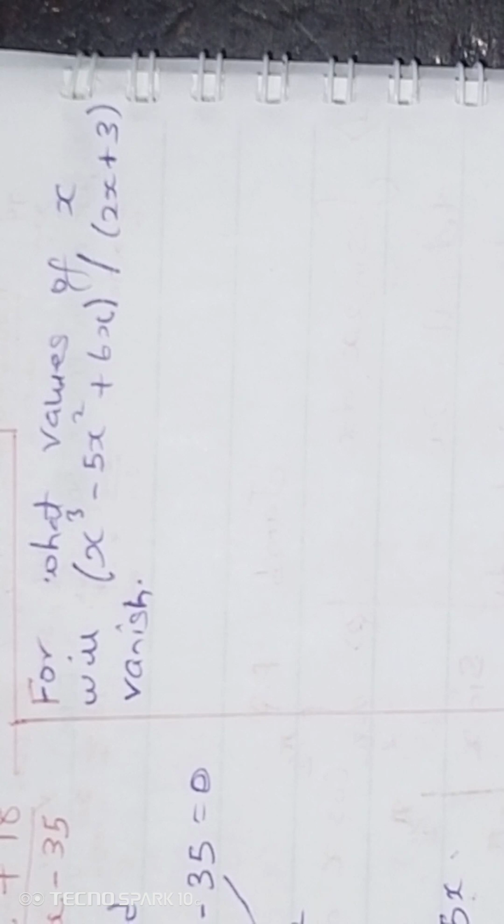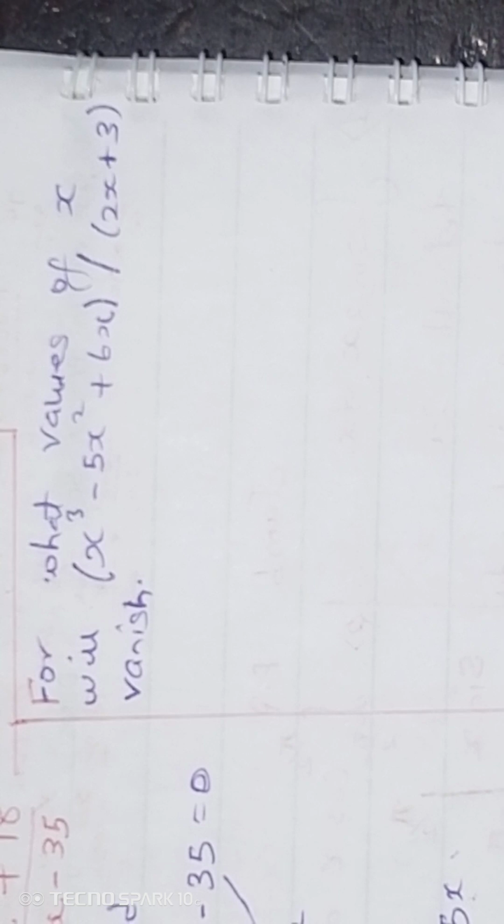So whenever you have to find the values of a variable for which the entire fraction will vanish, unlike the undefined case where you set the denominator equal to 0, this one where it will vanish, it is the numerator, not the denominator this time around. It is the expression on top that you set equal to 0.